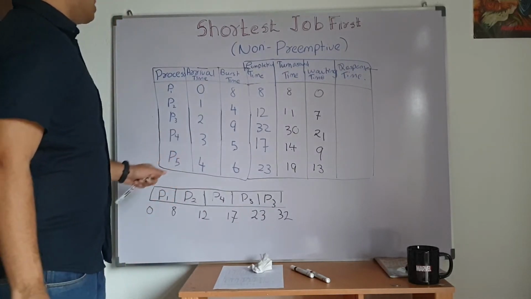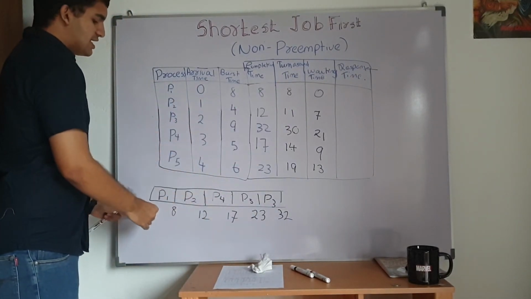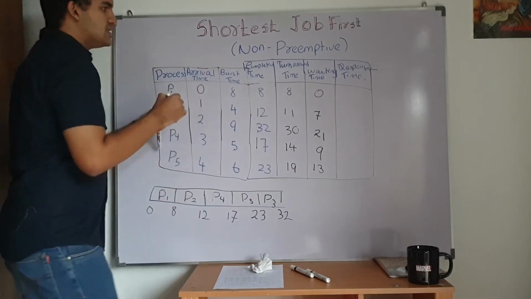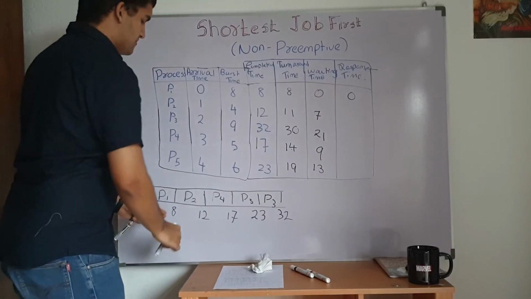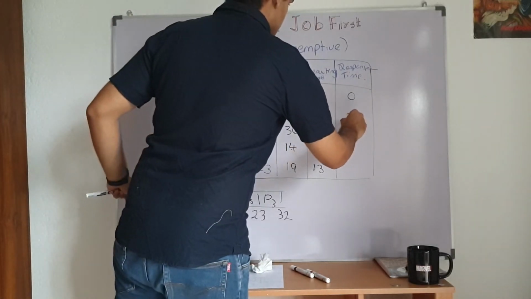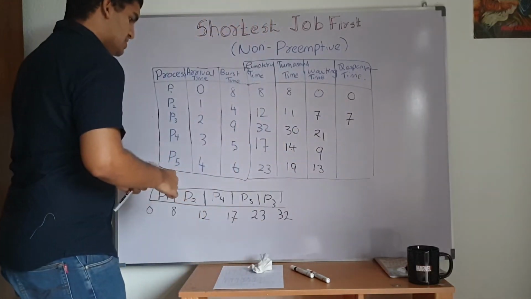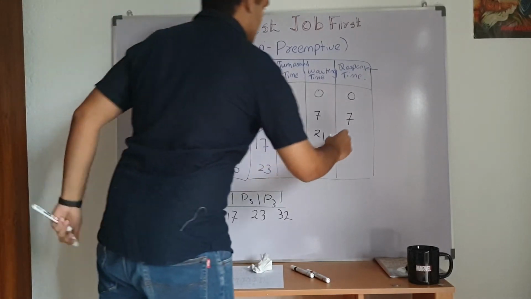Response time is found like this. P1 starts at 0, so 0 minus 0 is 0. P2 starts at 8, 8 minus 1 is 7. P3 starts at 23, 23 minus 2 is 21.